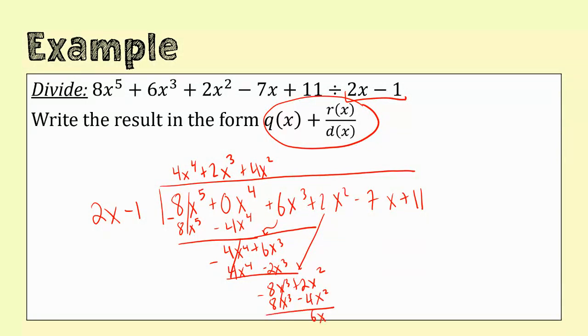That gives me 6x squared minus 7x. I might write that right here. Okay, 2x goes into 6x squared 3x times, and that's going to give me 6x squared minus 3x, subtract. Negative 7 minus negative 3 gives me negative 4x, and then I'll bring that 11 down.